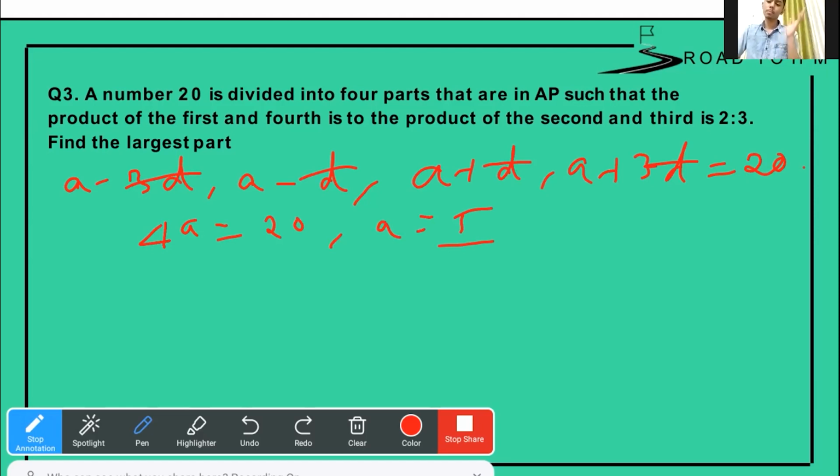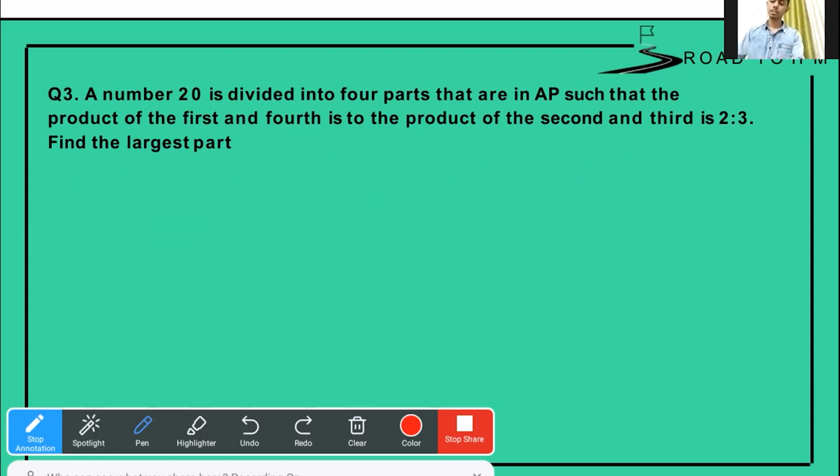And the product of the first and the fourth is to the product of the second and third as 2:3. Okay. So we'll clear this because we might be running out of space. A is equal to 5, keep that there, and 2 by 3 is equal to the product of the first and fourth.